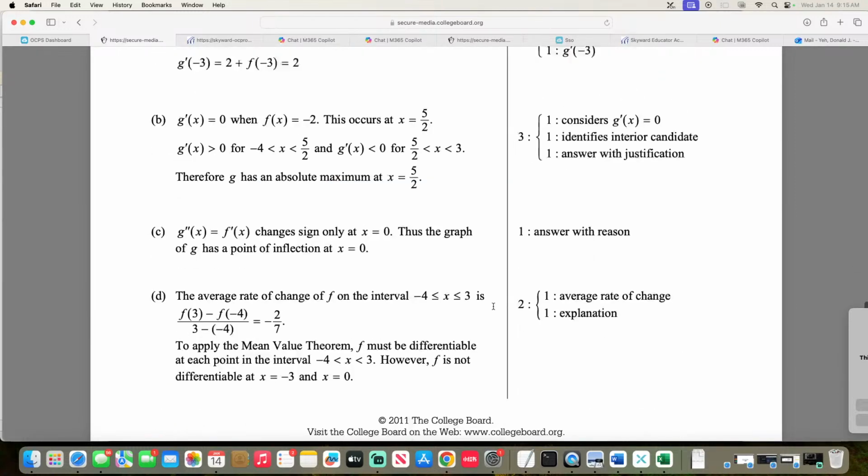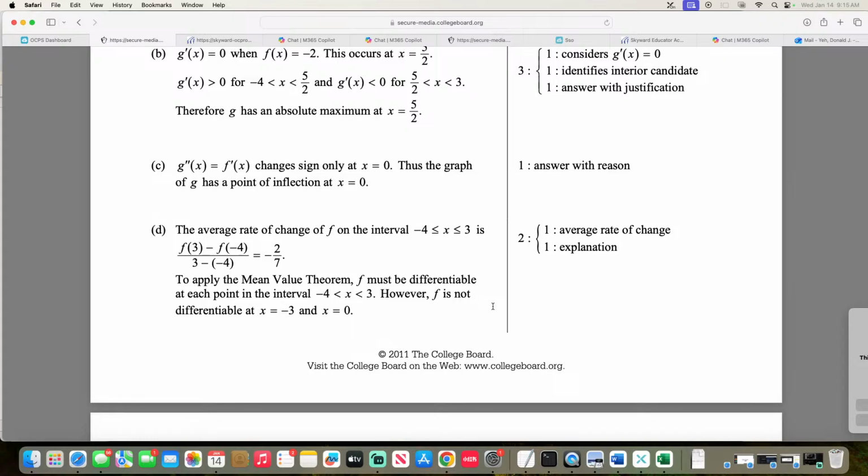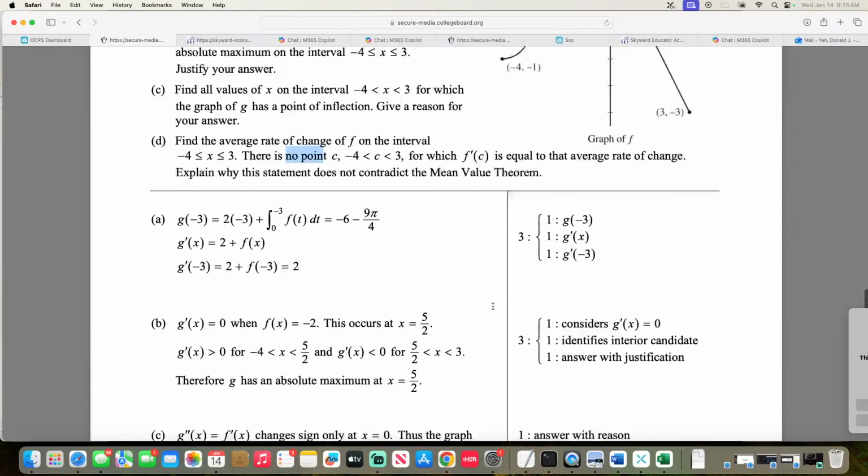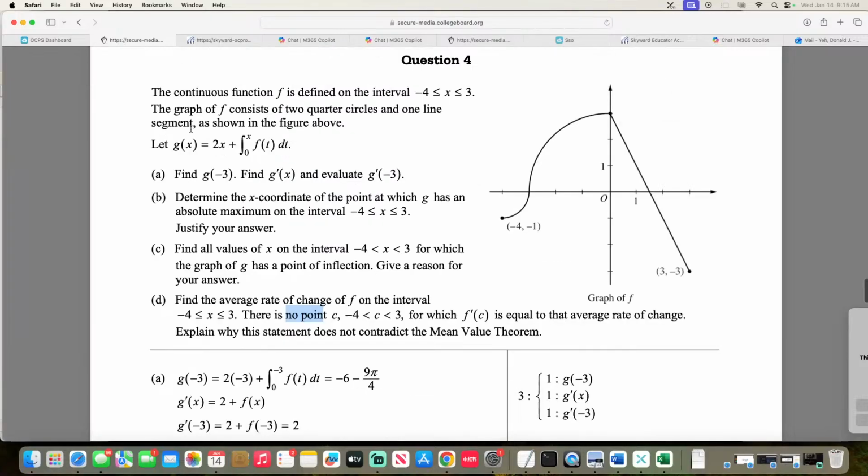I thought you said 3 is f of -4, and you plug into the boundary. You don't plug into the boundary, because you had to take a derivative to get f. So it's already based off the graph. Yeah, based on the graph.